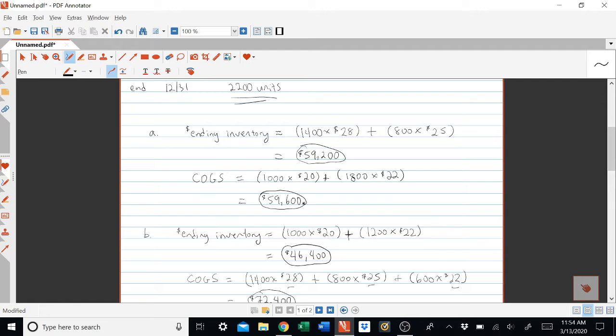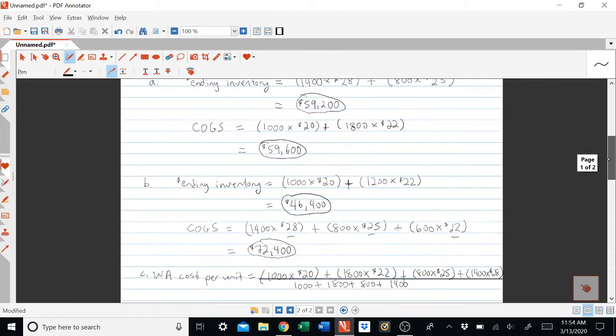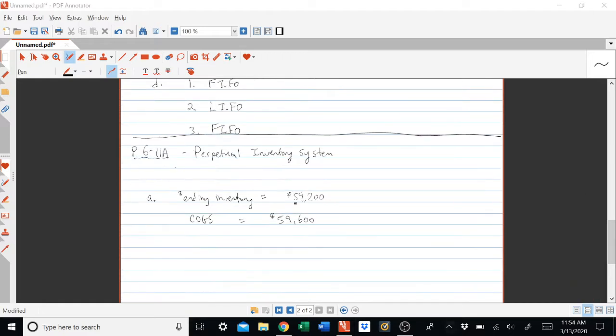Cost of goods sold is going to be $59,600. So those numbers aren't going to change, whether they use a perpetual inventory system or a periodic inventory system.